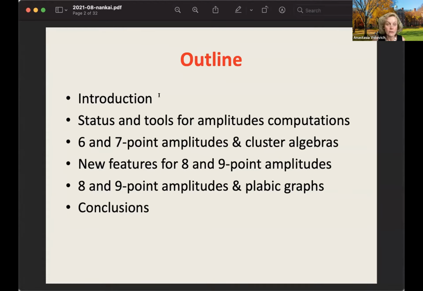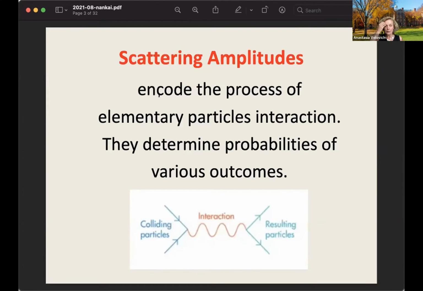Okay, so very good. Scattering amplitudes encode the process of elementary particle interactions. You have some particles come in, they interact, and some particles come out. When I say I have n point amplitudes, that means the total number of incoming and outgoing particles is n.